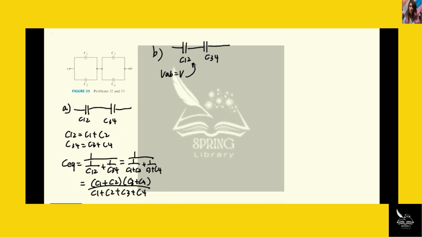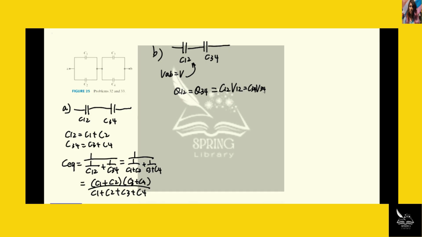These two capacitors are in series, meaning the charge of 12 equals the charge of 34 equals Q, which equals C12 V12 equals C34 V34.